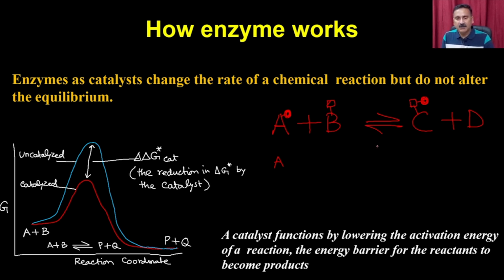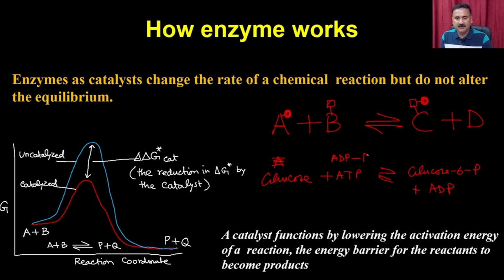Let me take a real example. Glucose plus ATP forms glucose 6-phosphate and ADP. If I break down the ATP, it gives ADP and phosphate.